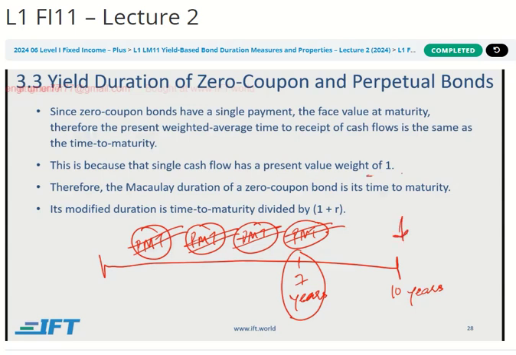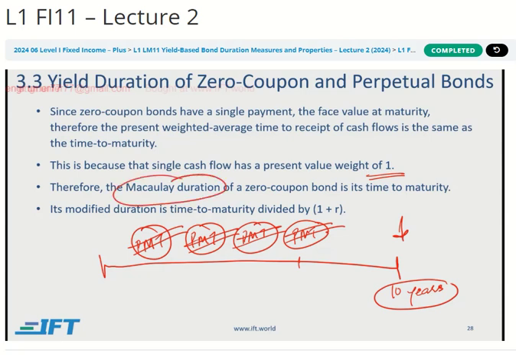So the entire weight of the cash flow is going to have that final weight of the last year, and therefore your Macaulay duration is going to be equal to time to maturity for zero coupon bonds.